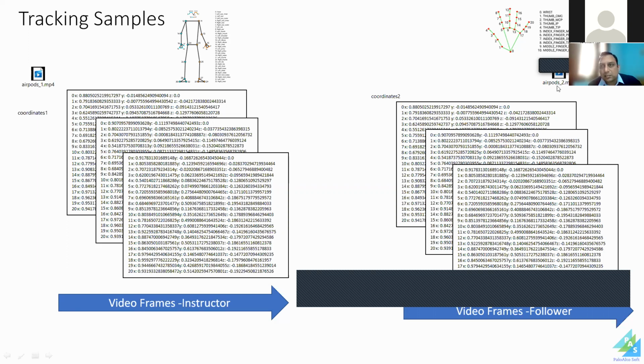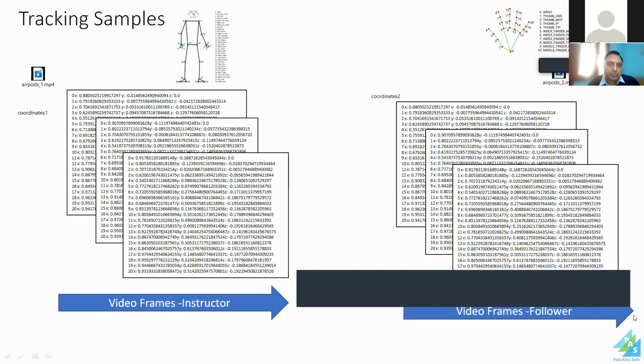Similarly, from the second video, we got this stream of coordinates. One is the best way of doing it, and the second is the person who is trying to follow.